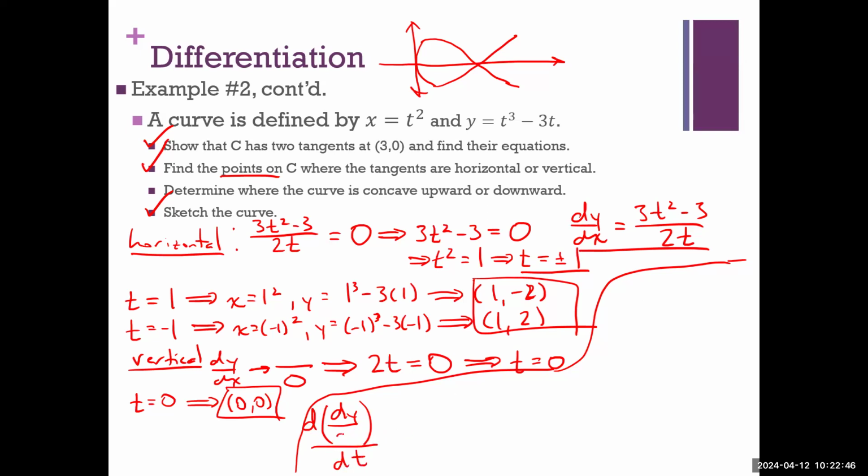So I got a lot of symbols going on here. I want to make sure we know what's actually happening here. So let's start from the beginning. Did we find dy/dx? We have dy/dx, right? How did we get that?